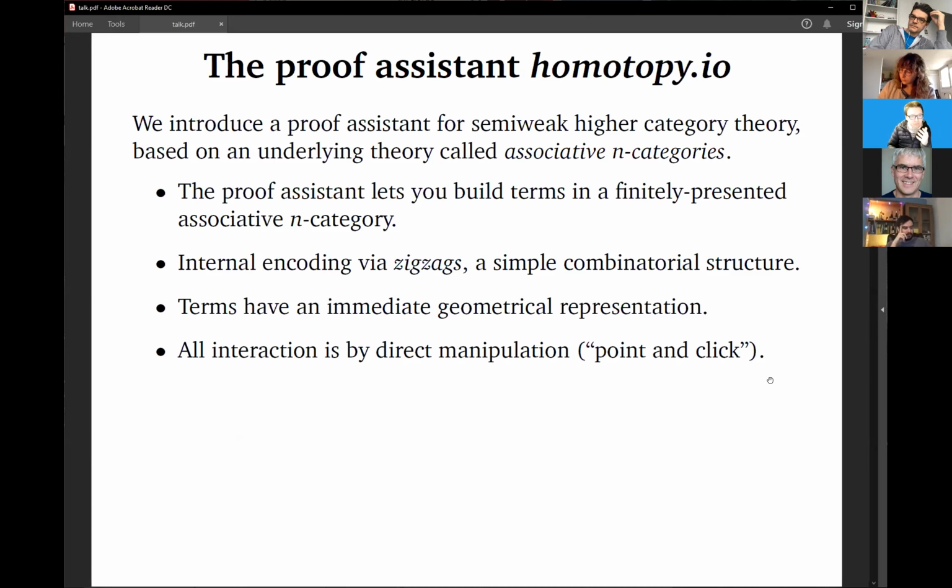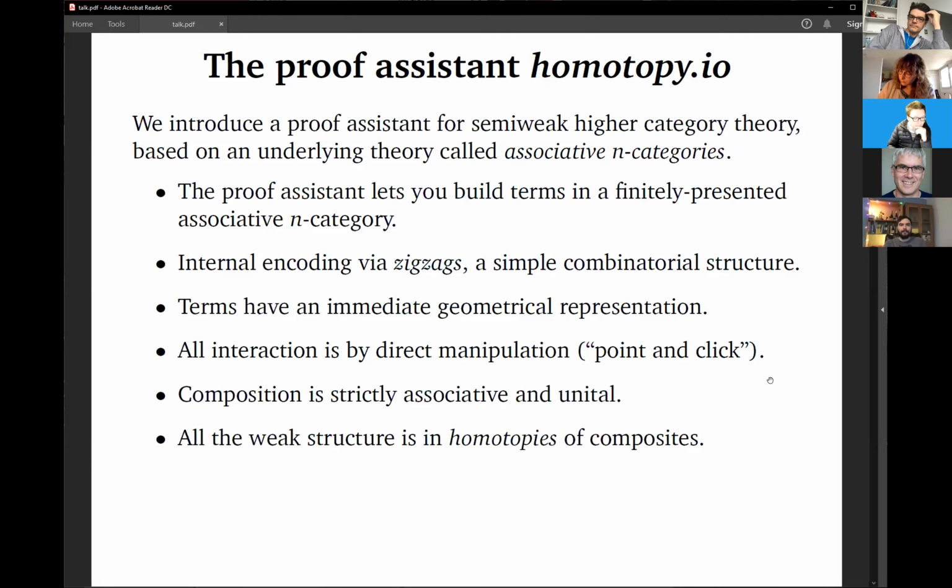There's a proof assistant, for example, constructed by Eric Finster to build composites in homotopic infinity categories, which has a similar point and click mechanism. Composition, of course, is strictly associative and unital in this theory. And all of the remaining weak structure is in homotopies of composites, so interchanges and higher dimensional analogs.